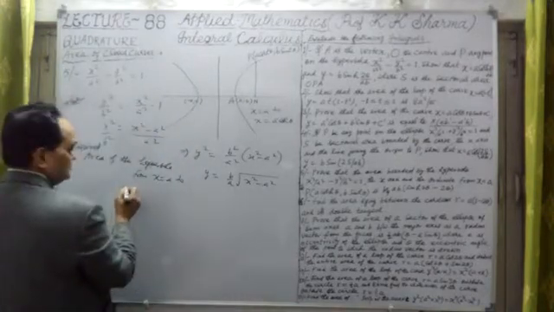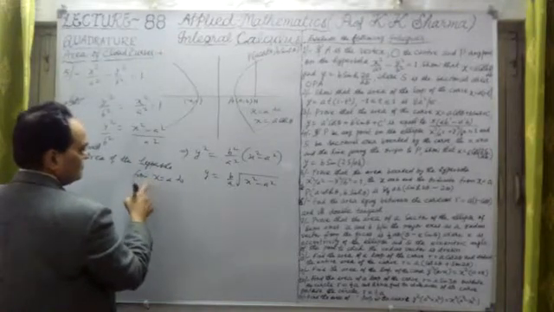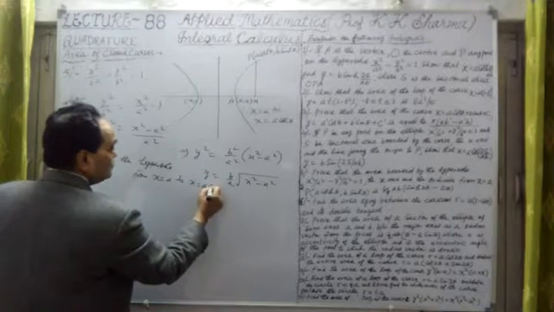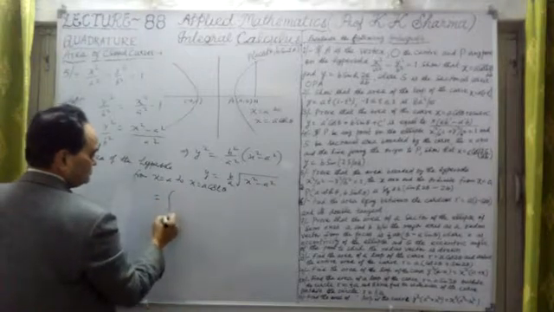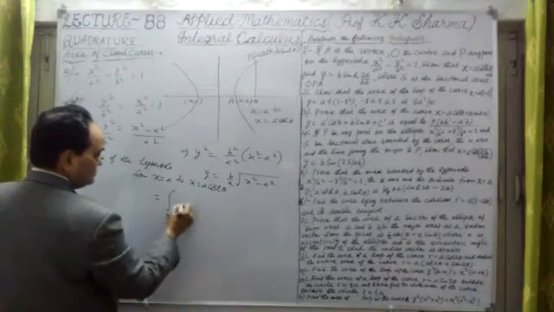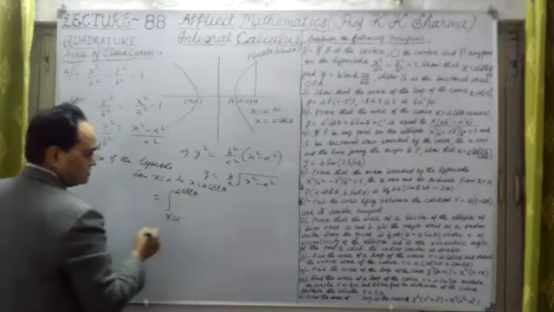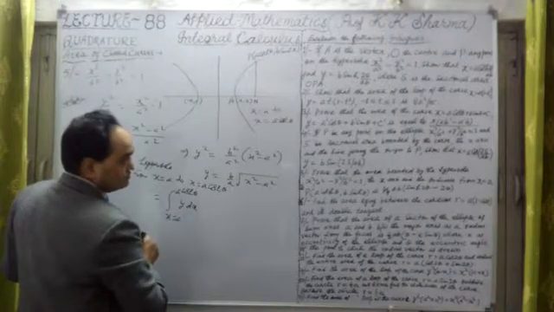Let me find out. Therefore, the required area of the hyperbola from x equal to a to x equal to a cosh theta is equal to the integral from a to a cosh theta of y dx. These are the limits we have substituted here.